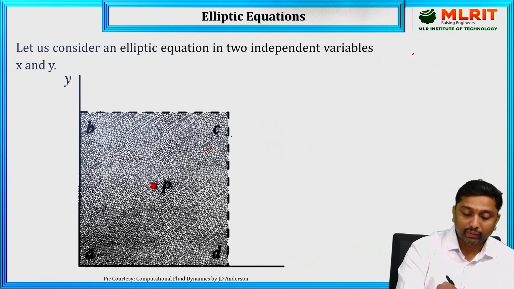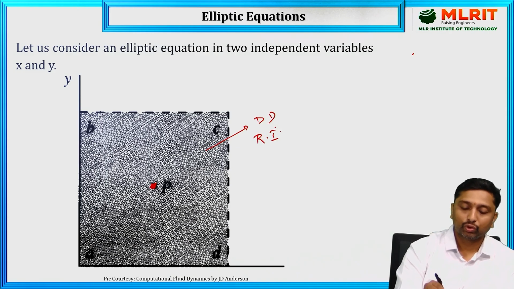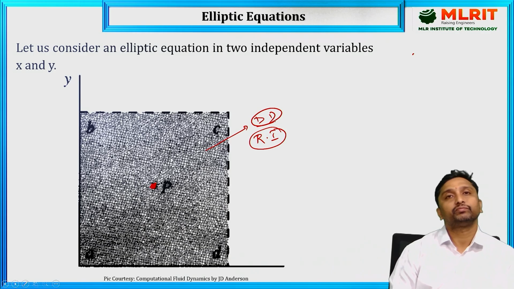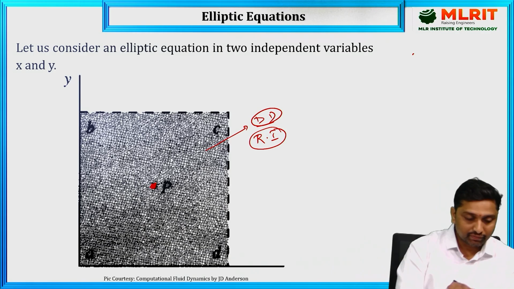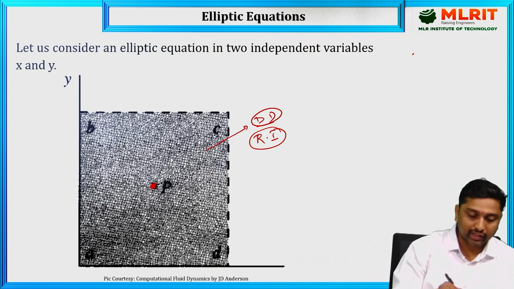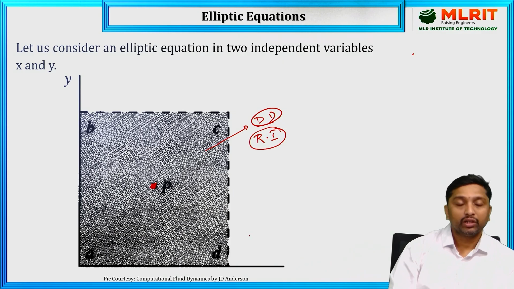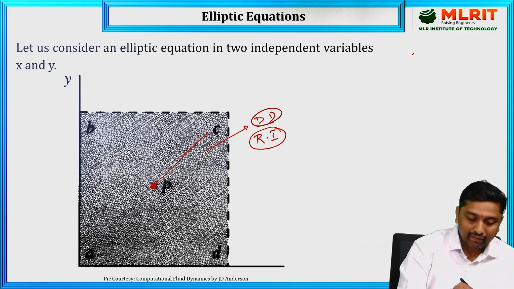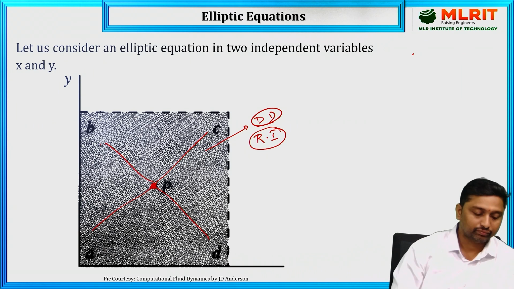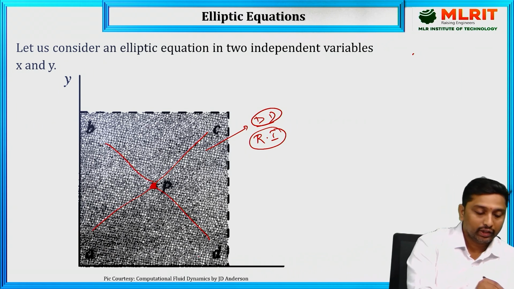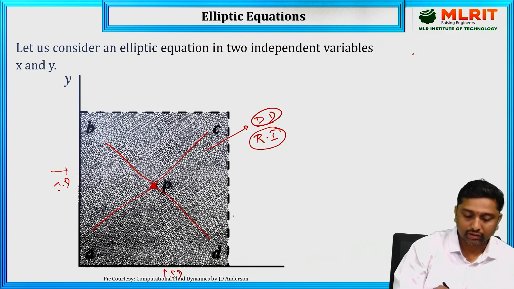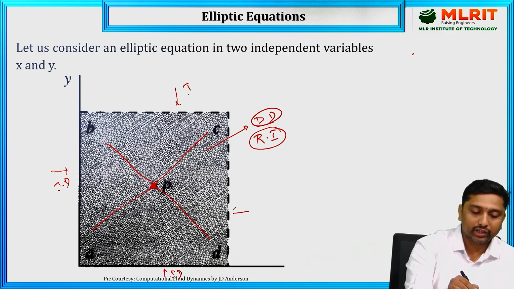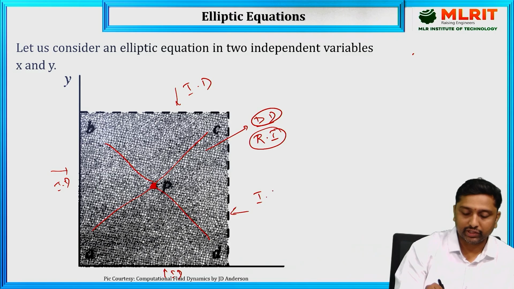the domain of dependence and region of influence both coexist. That means if we consider A, B, C, D as the domain, the presence of the disturbance here will be traveling in all directions. This can be the initial data line, this can be the initial data line, or this can be the initial data line.